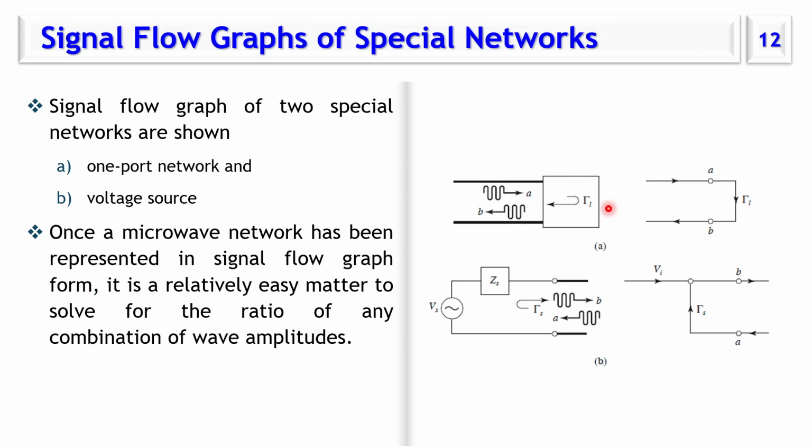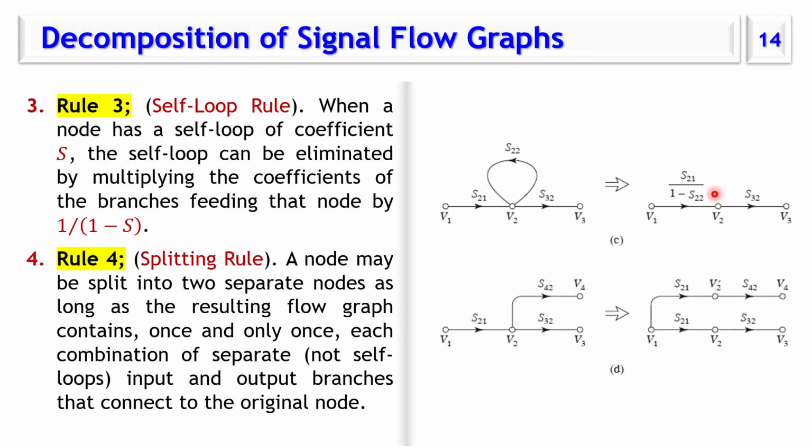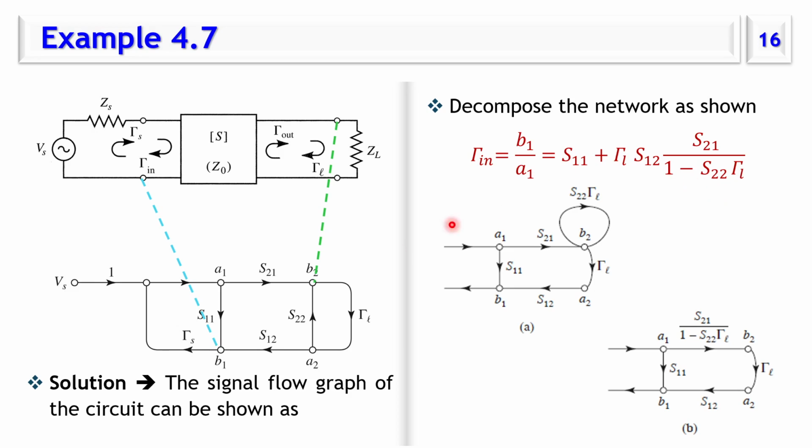Now we have a source at the left and a load on the right, so we just connect those two shapes together and we'll have this signal flow graph. This is the part corresponding to the source. This is the part corresponding to the load. So this is our signal flow graph.